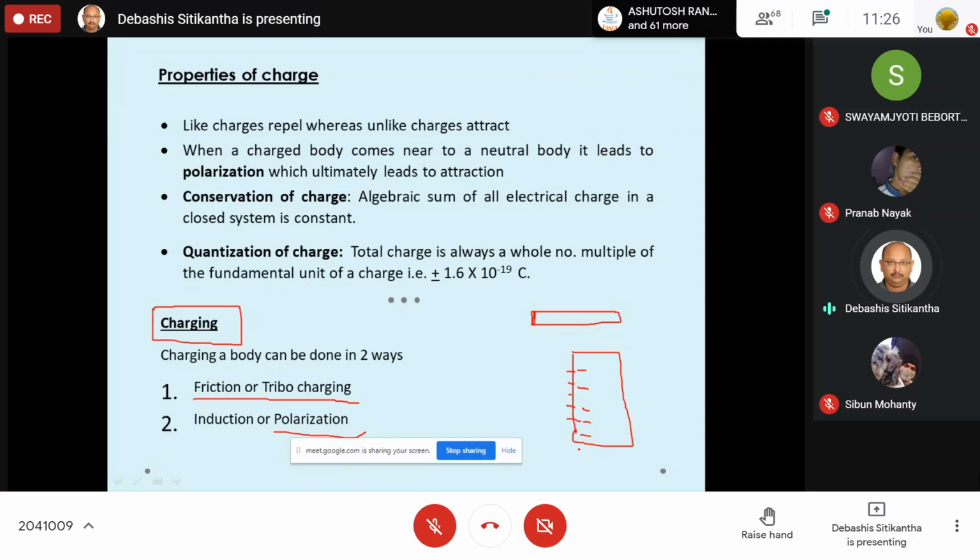It is going to be positively charged because these electrons will be swapped out and ultimately there will be more positive charges, and this body again is going to be positively charged. So by using the method of polarization and triboelectric charging, we can make a body charged.